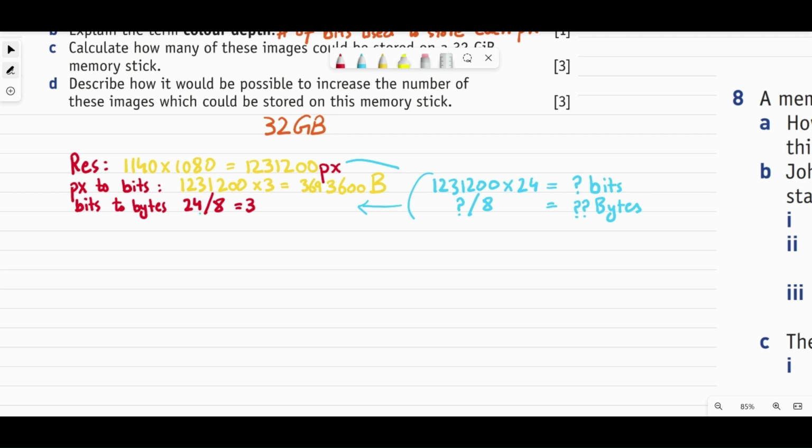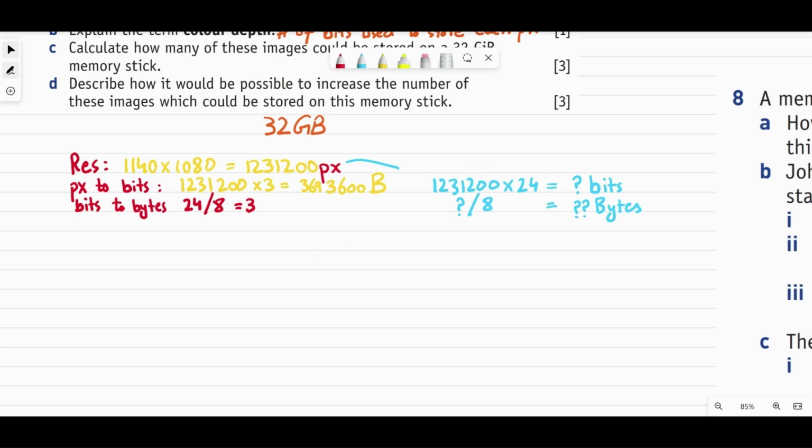What I had done, I had divided 24 by 8 to get 3, then multiplied 3 directly here to get the answer at step 2. I have applied some shortcuts. I hope you understand it. Do rewind the video again and again if you could not.